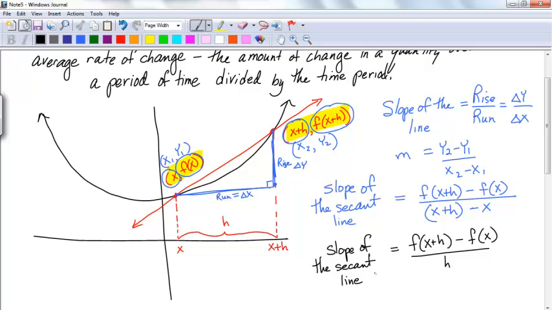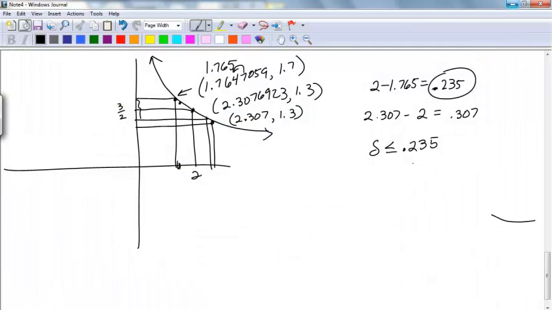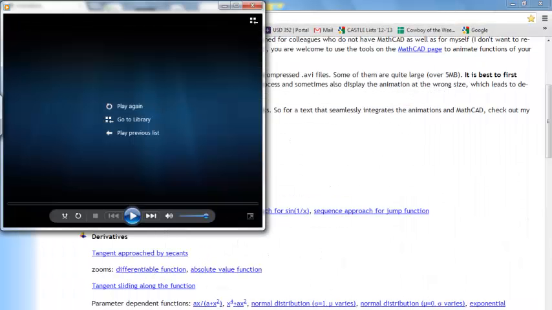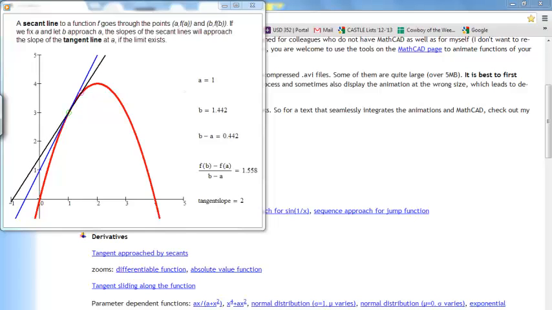Okay. Here's kind of what I mean. It's taking that secant line and it's approaching a tangent line. That h value is going to 0, and then it's just going to be tangent to that curve.